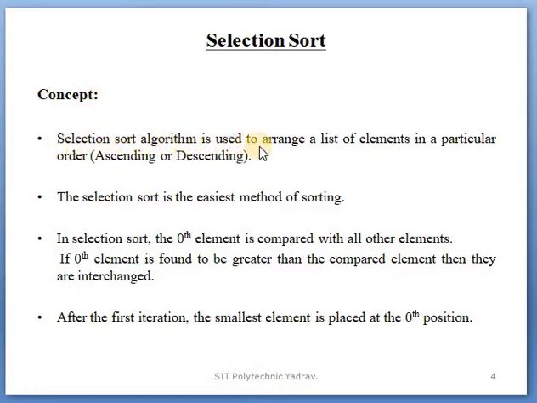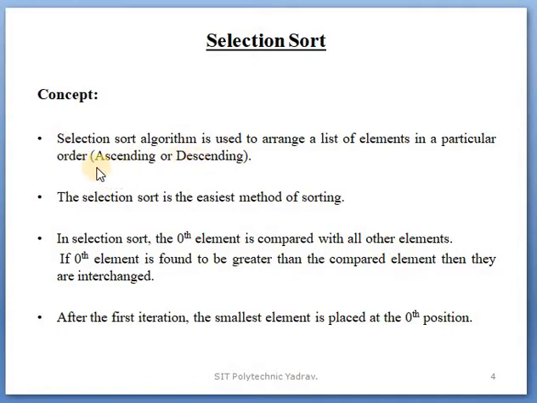The selection sort algorithm is used to arrange a list of elements in a particular order. That order is ascending or descending. Sort means we arrange the elements present in an array in an order, ascending or descending.